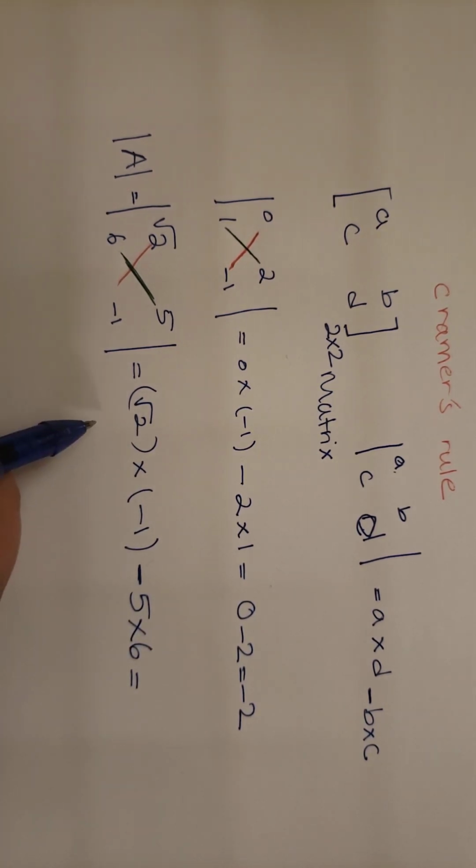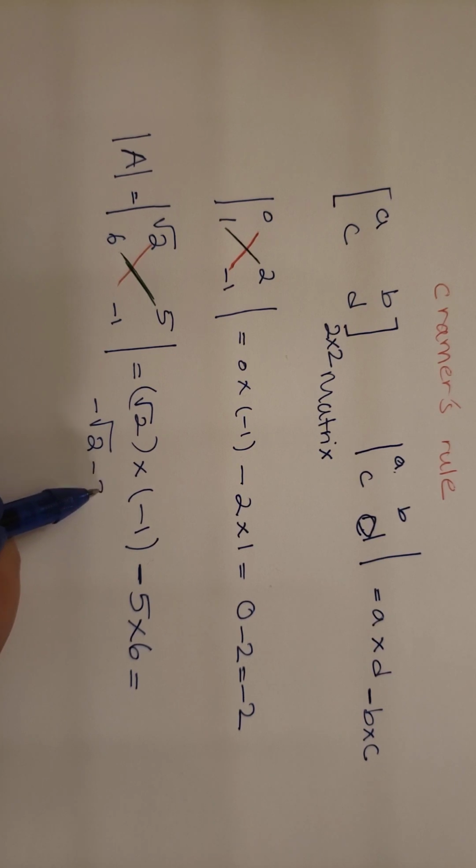The final answer would be negative radical 2 minus 30. So the value of a determinant doesn't necessarily have to be a whole number or a nice number. It could be any real number.